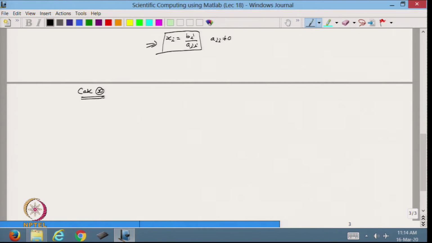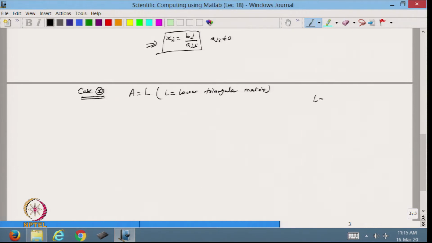In case 2, suppose I have my matrix A equal to a lower triangular matrix. So, L is equal to a lower triangular matrix.